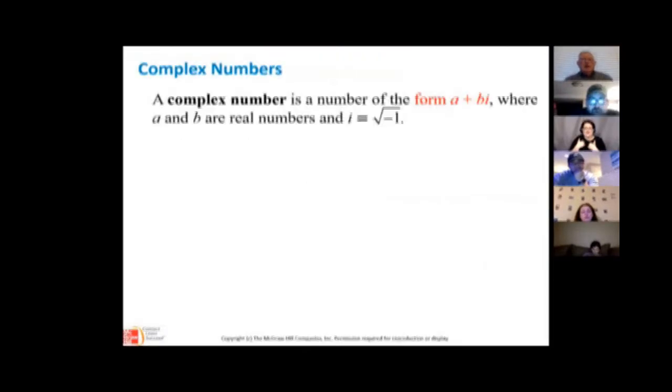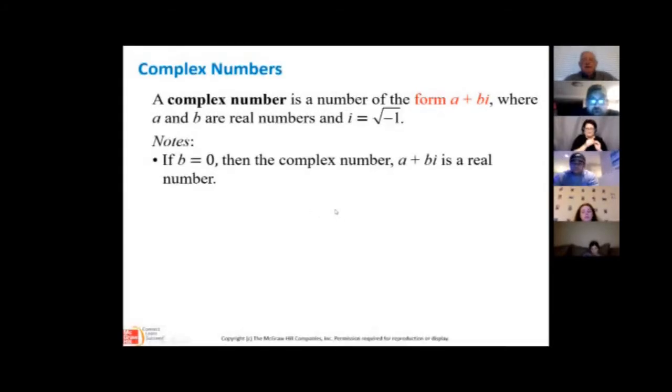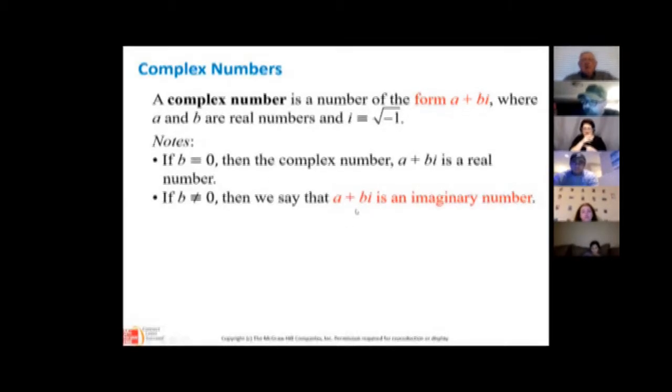Now, a complex number. Complex numbers come in the form a plus bi, where a is just a number, b is just a number, and then you've got i. This is a real number. The a and the b are. But the composite of this is what we call an imaginary or complex number.